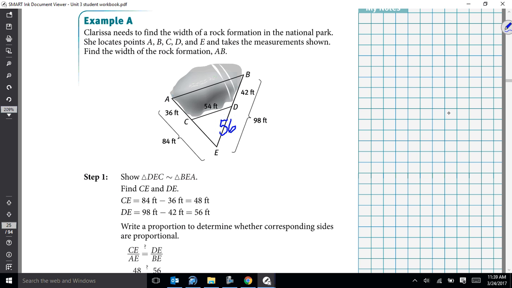and we can do the same thing on the other side. We know 80 is 84, and if we know that 18 is 36, so then that means that it is how much? So we can set up our proportions.